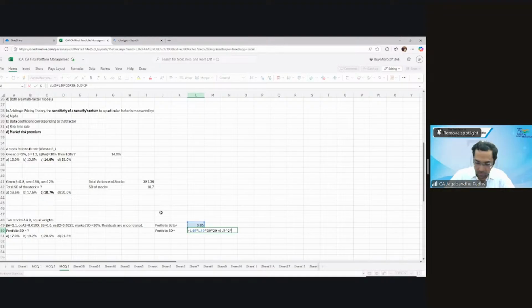Since this is given in decimal, I need to convert it. Then we'll say 0.5 square into 0.01 plus 0.5 square into 0.01.